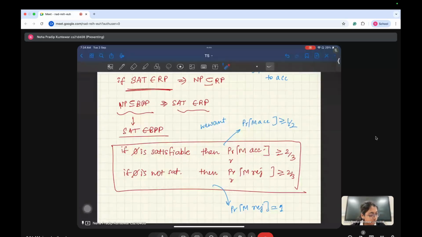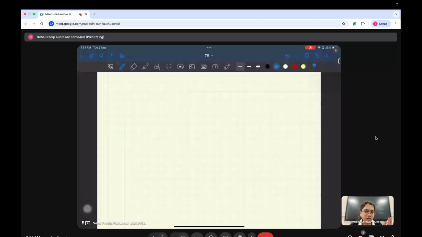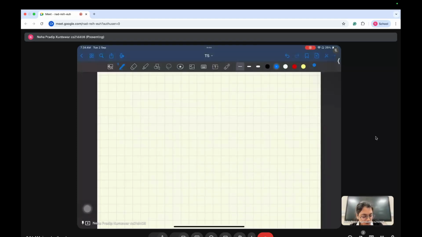This is where we're going to use the idea of self-reducibility of SAT. This is something that we've seen earlier in previous tutorials. So I'll write the main idea.